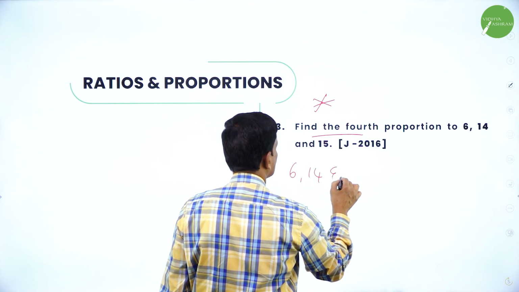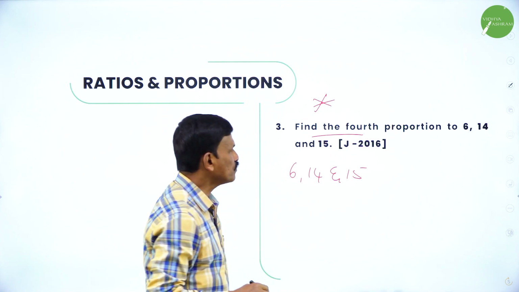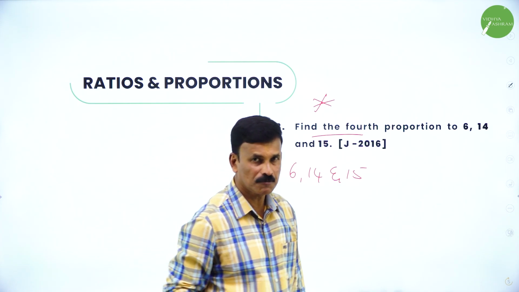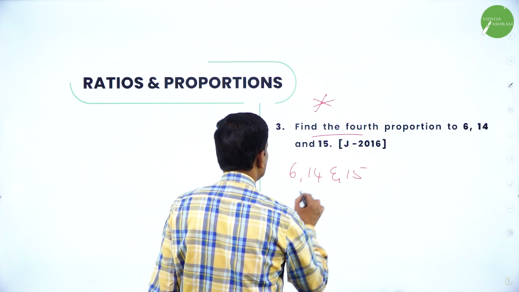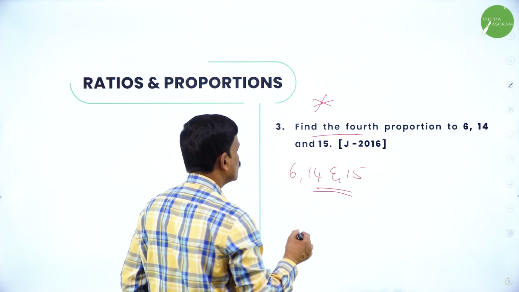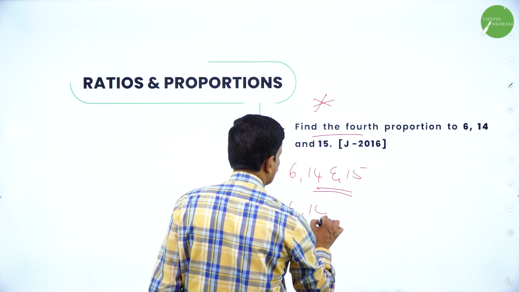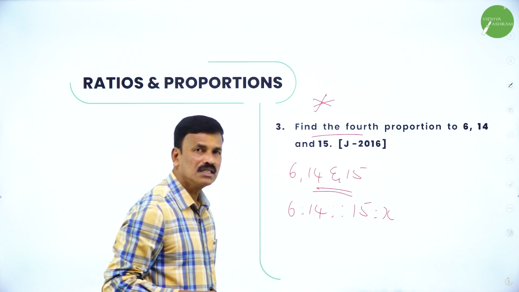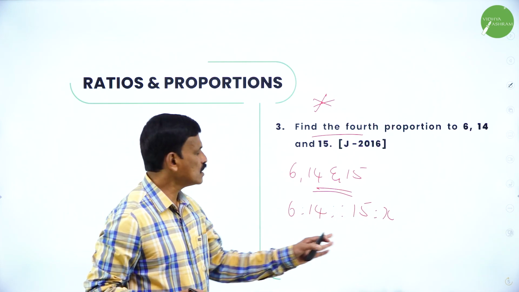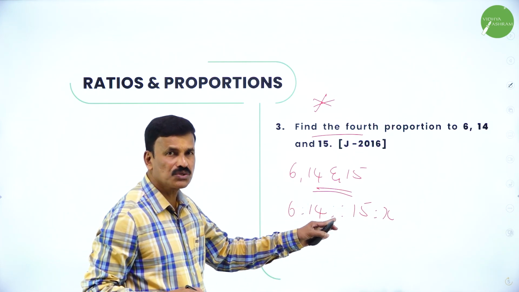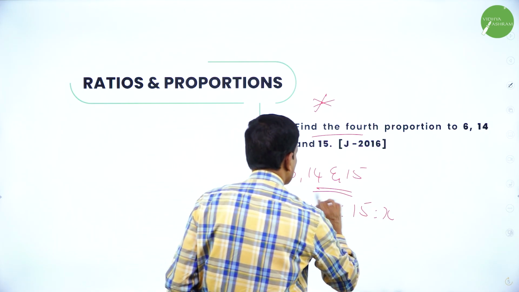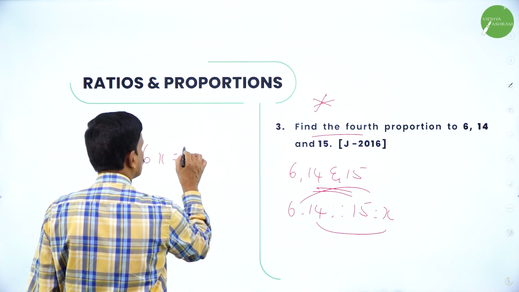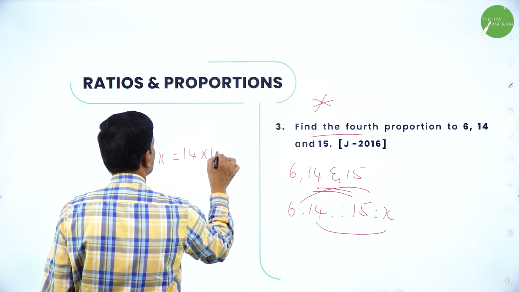6, 14 and 15. So what is to be found is the fourth proportion of 6, 14 and 15. Same as that of the previous problem. So to find the fourth proportion of this, 6 is to 14 is to 15 is to x. So the fourth proportion is x here. Multiply it, that is 6 into x, 6x is equal to 14 into 15.